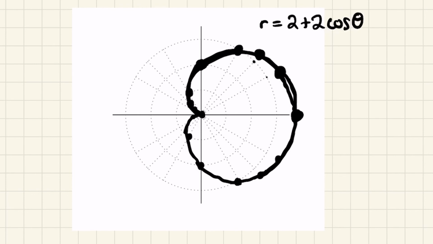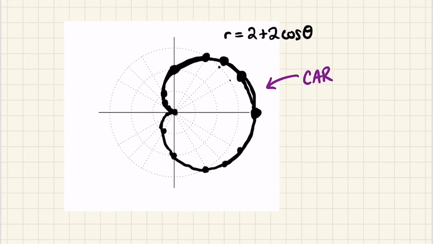Okay, and that's the shape that we get. And this shape here is called a cardioid. So it's like a heart. Very nice. So math is now full of flowers and hearts. It's a very romantic subject.